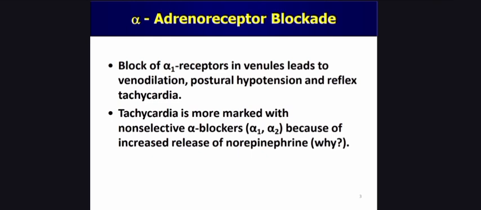It increases the heart rate and increases heart contractility. So if we have an increase in the heart rate, it's going to lead to tachycardia, and this is how these patients develop reflex tachycardia when they have lowering of their blood pressure, or when they have something we call again postural hypotension. Okay. So this is about the alpha-1 receptor.